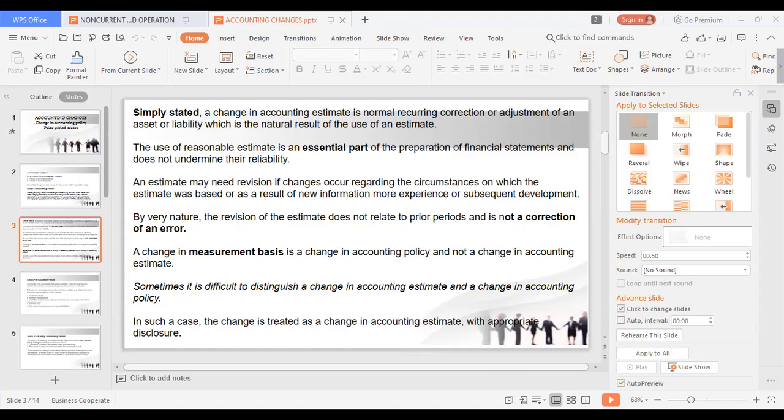What is the carrying amount of the equipment on January 1, 2022?